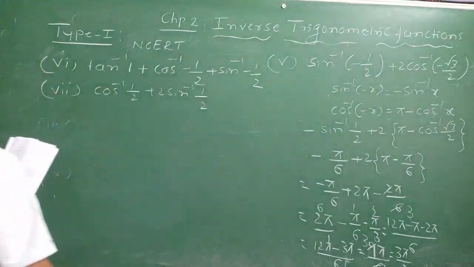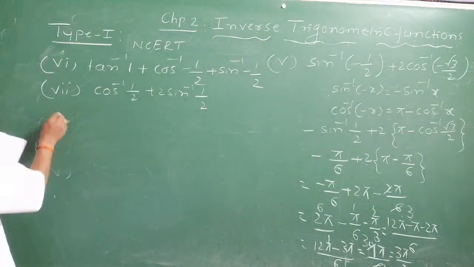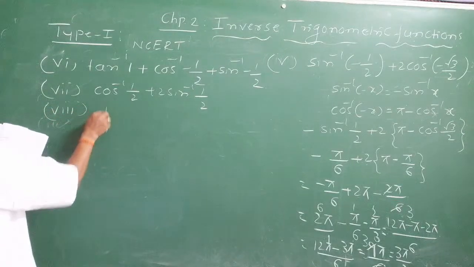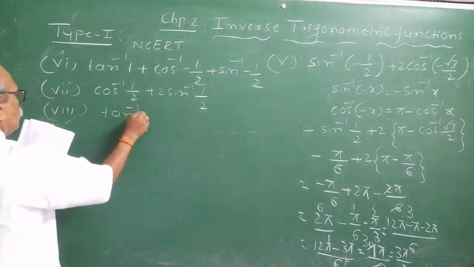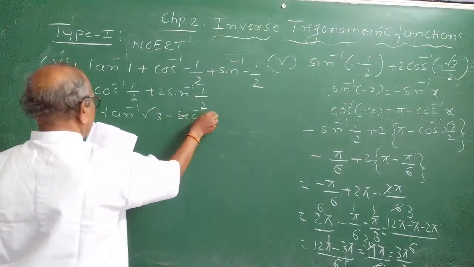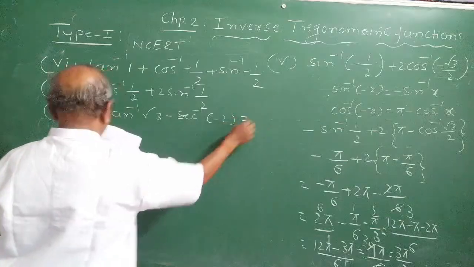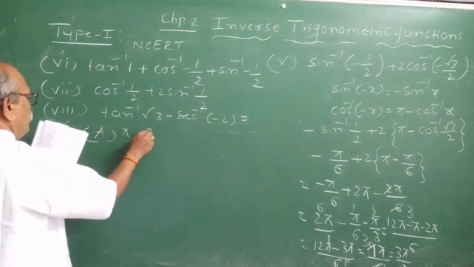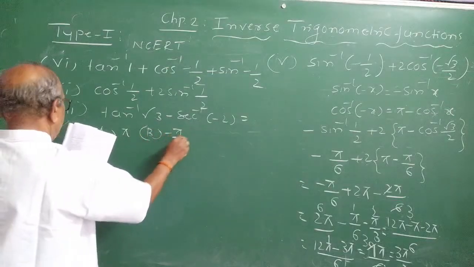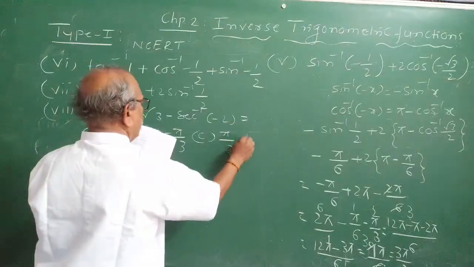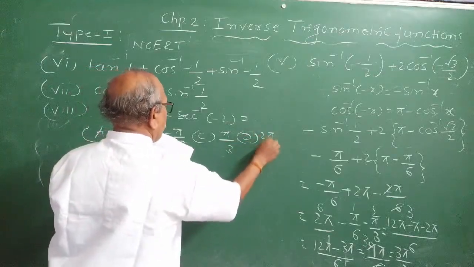Simple questions. And one MCQ based on this: tan inverse root 3 minus sec inverse minus 2 is equal to, the options given are A pi, B minus pi by 3, C pi by 3, D 2 pi by 3.